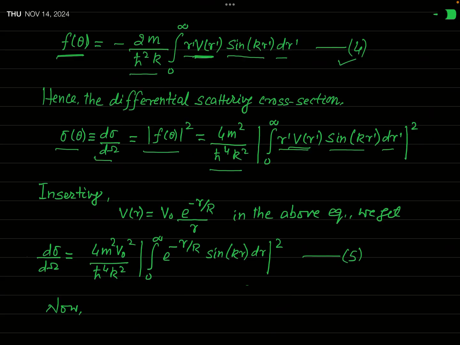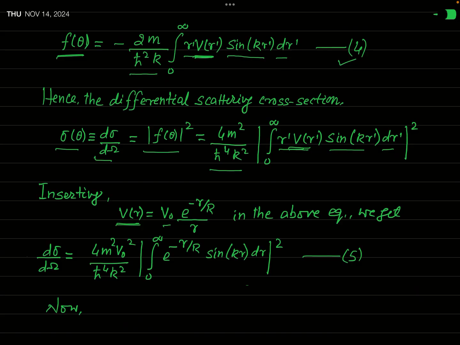And you have just seen earlier that this Yukawa potential V of r is defined like this. This is V naught times e to the power minus r over capital R over r. Okay. So now let us substitute this value of potential in the expression for this differential scattering cross section in the place of V of r'. Now as I have told you, you can write r instead of r', you can write theta instead of theta', you can write phi instead of phi'.